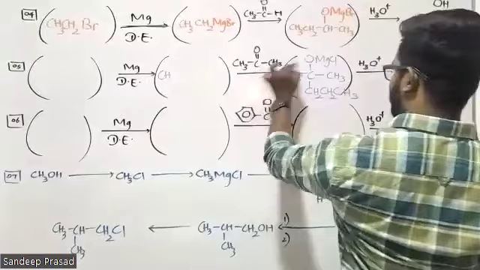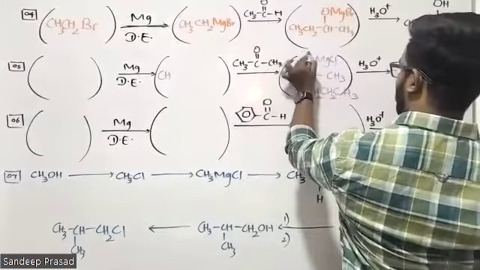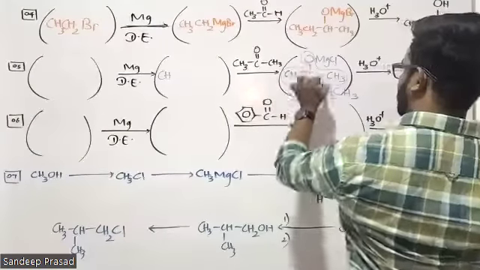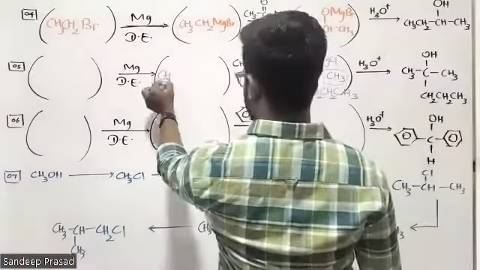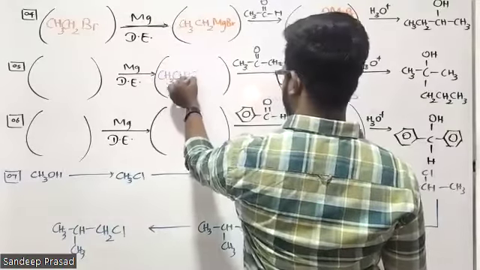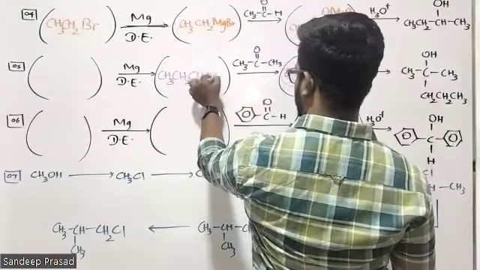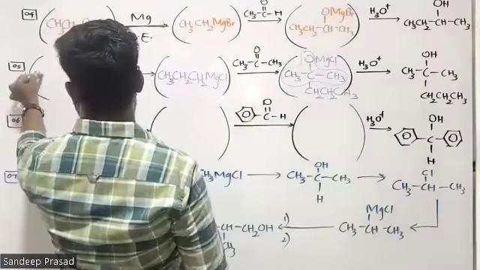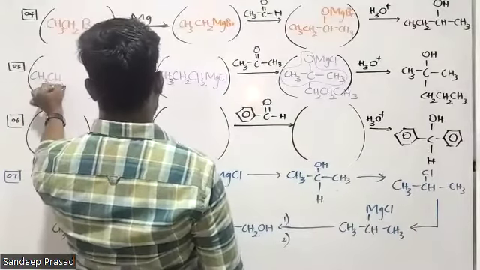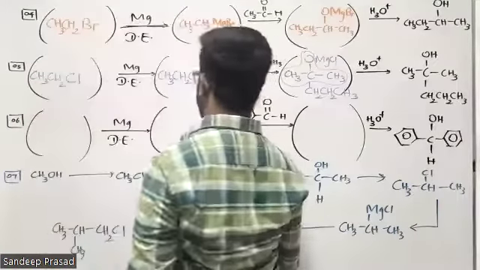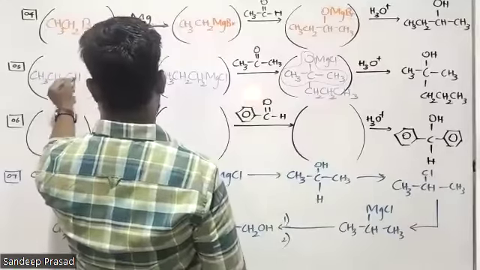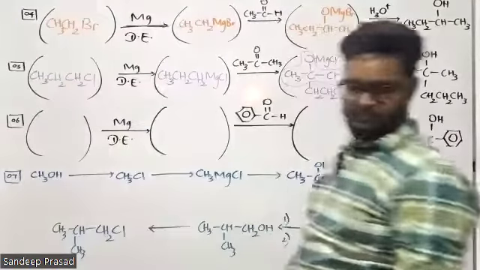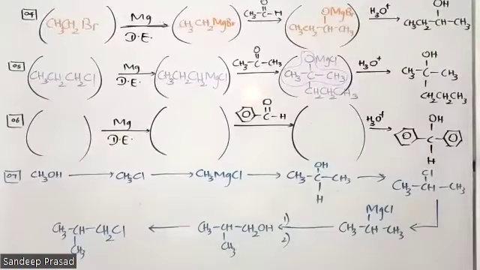So we can say that this is the ketone, right? So the remaining things are the Grignard reagent, CH3, CH2, CH2, MgCl. And then CH3, CH2, CH2Cl, propyl chloride. Number 5.